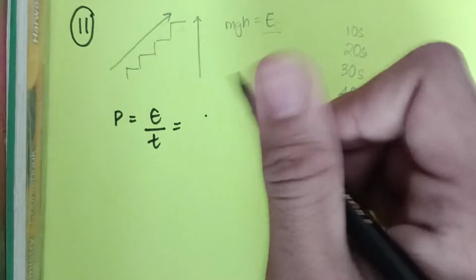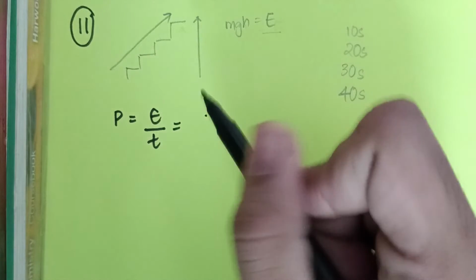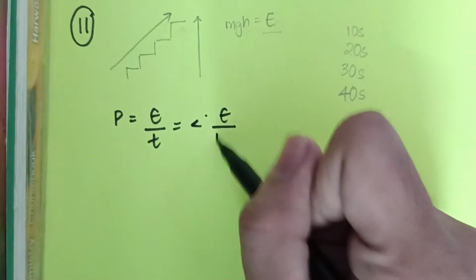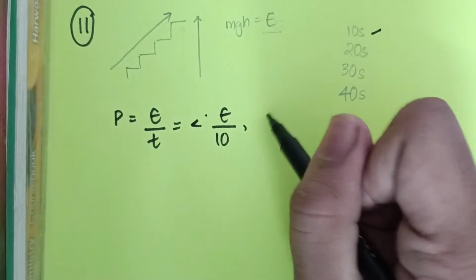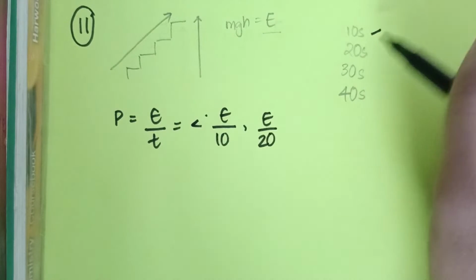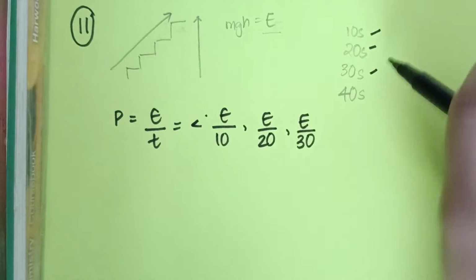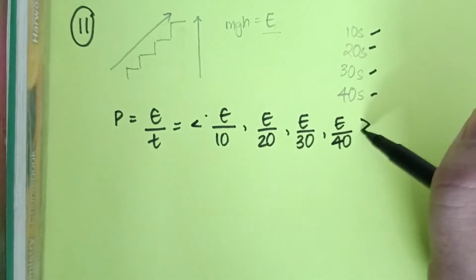So according to the formula, if we try to calculate how much power he has, what is his useful power output when he travels up, it will be E by T, which is E, which is constant here, divided by 10 for this case, E by 20 for this case, E by 30 for this case, and E by 40 for this case.